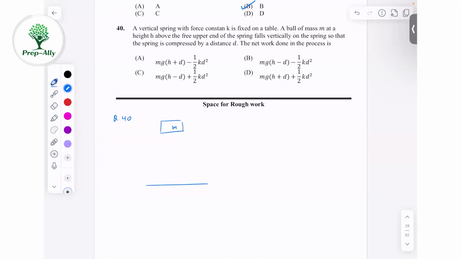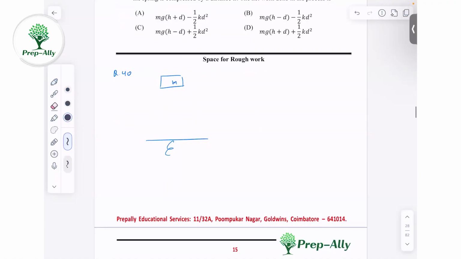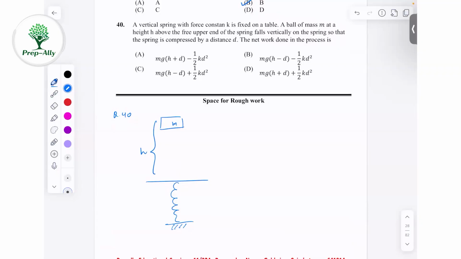The spring is somewhere here, such that this height is some h. Now, as it falls, it's going to come till here such that the spring is now compressed by some x.